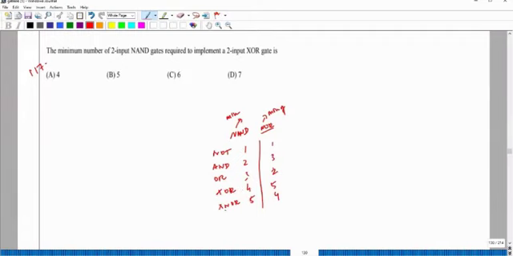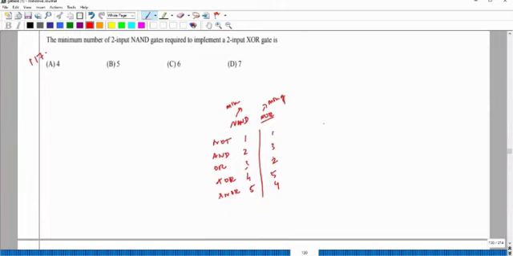If I want XNOR gate, it will take 5 NAND gates. If you alter these two, you will get it for NOR gate. For NOT gate, only one is required. So what is the answer? The minimum number of NAND gates to implement XOR gate is 4. This is your answer.